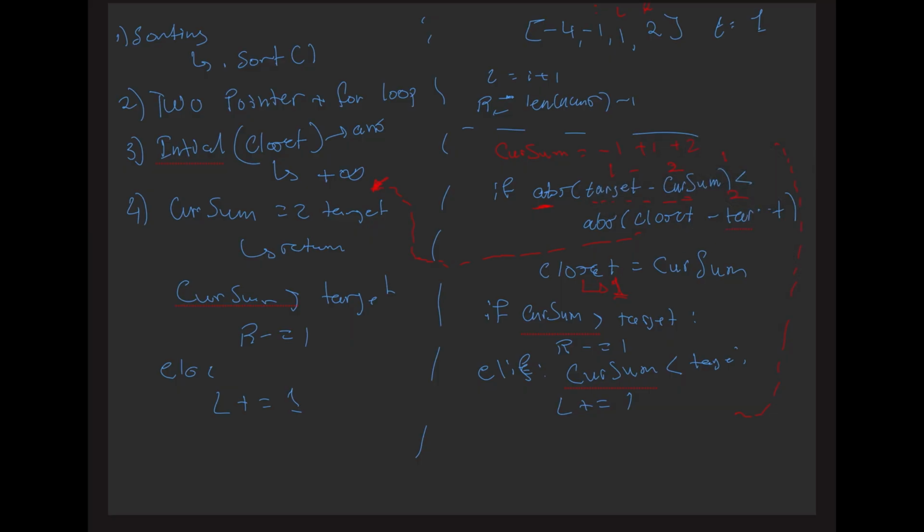So the closest is technically going to be 2, because again, this current sum is 2, and we're going to say, hey, is the current sum greater than target? And it is in this case.